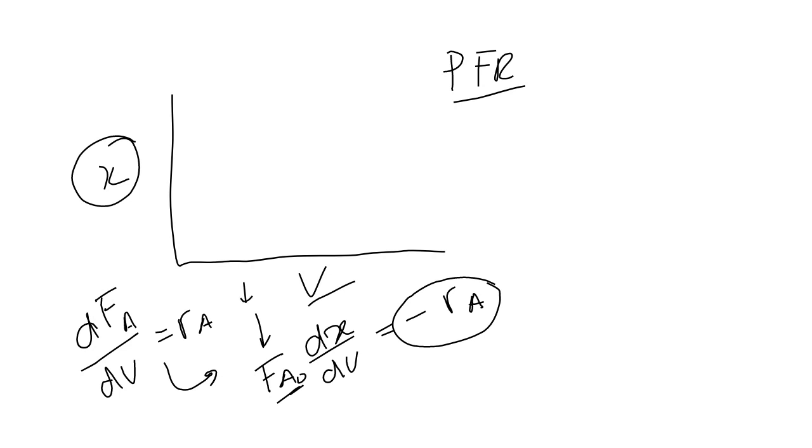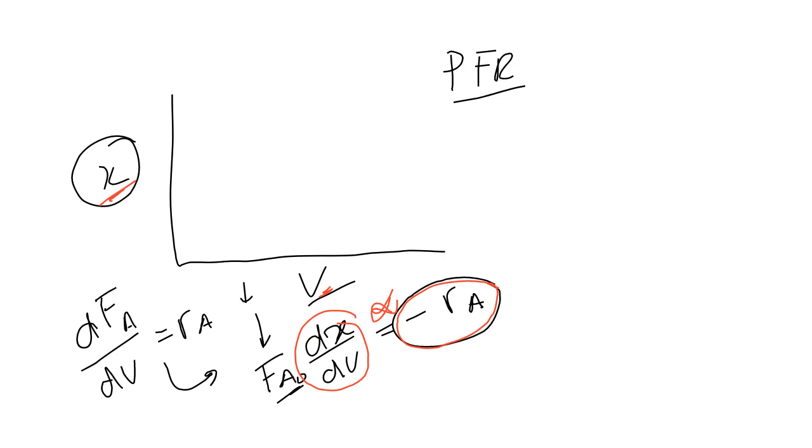So what this expression tells us is that the slope of how X changes with V is directly proportional to how the rate changes. That's a direct proportionality. This is what I want to see illustrated on your figure.